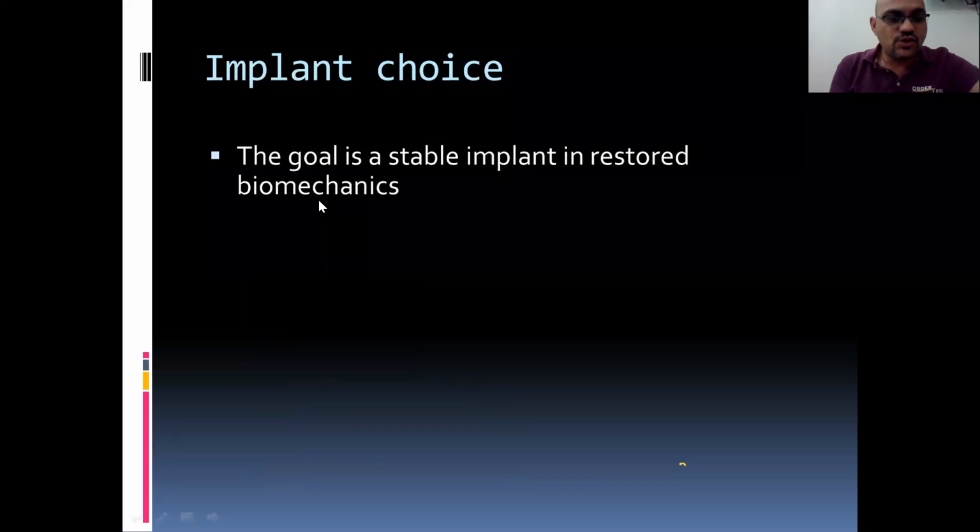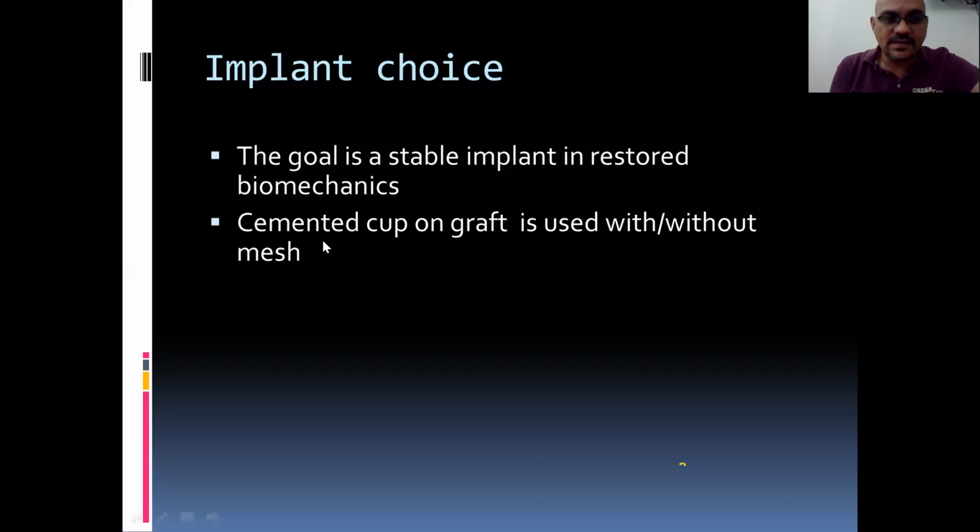Regarding implant choice, the goal is a stable implant that restores the biomechanics of the hip. A porous coated acetabulum or a cemented cup can be chosen. For the cemented cup, the graft must be inserted, with or without a mesh, and then you put your cement and after that your cup.